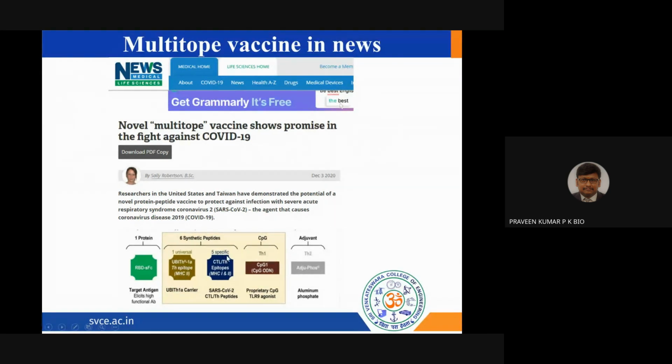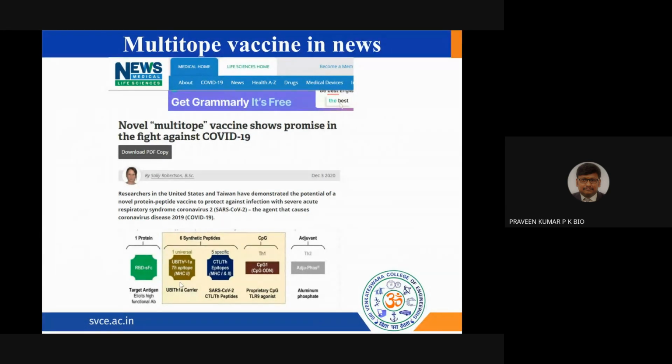Other than that, they also used 5 specific cytotoxic lymphocyte and helper T cell epitopes that target MHC1 and MHC2. In the USA, they found 5 important alleles in people. They took those and designed these cytotoxic lymphocyte and helper T cell epitopes, and linked them with a universal epitope, like a universal primer for DNA synthesis and expansion. Similarly, here they linked with a universal peptide to target most SARS-CoV-2 strains.